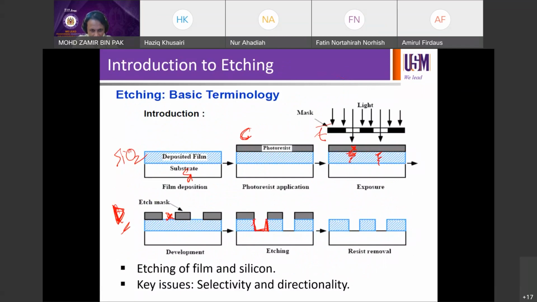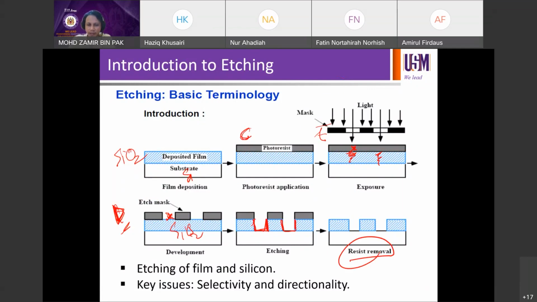Now remove here, remove here. Then you are actually patterning the oxide in this case, assuming it's oxide. It can be some other material as well. So after patterning the oxide, what do we do? We remove the resist, because resist is not supposed to be there on the device. We just want to do the patterning by using the resist as an intermediate step.